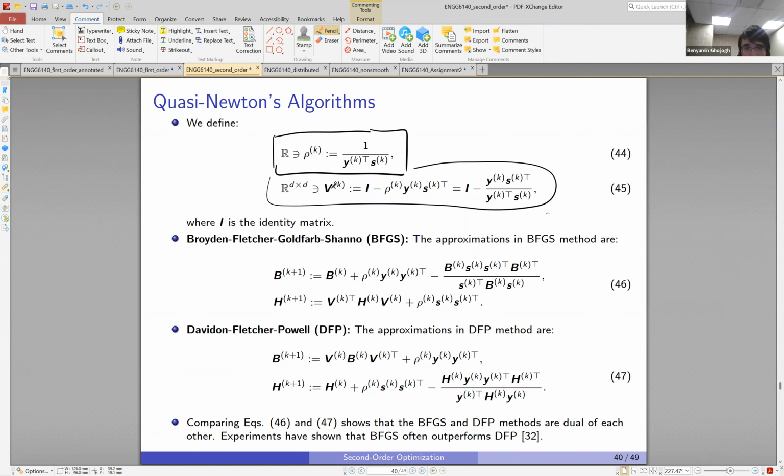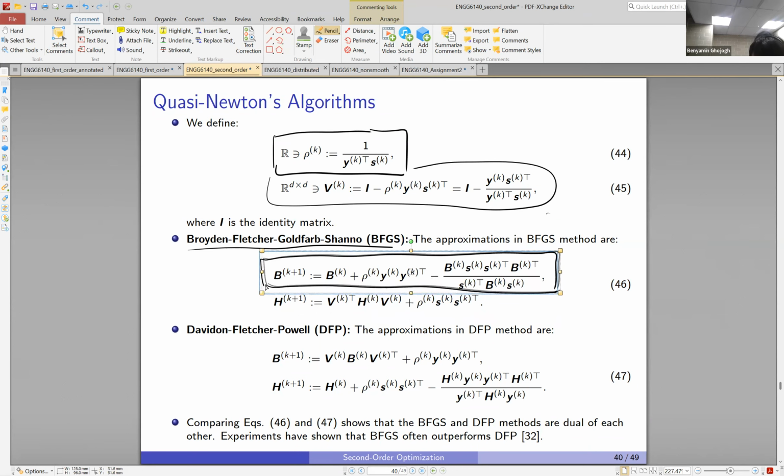So I'm defining these two, and again without proof here, because it's out of the scope of this course; you can look up the proofs online. We have several algorithms. BFGS says that I approximate B in this way, so this is the approximation for the Hessian, and this is the approximation for the inverse of the Hessian.